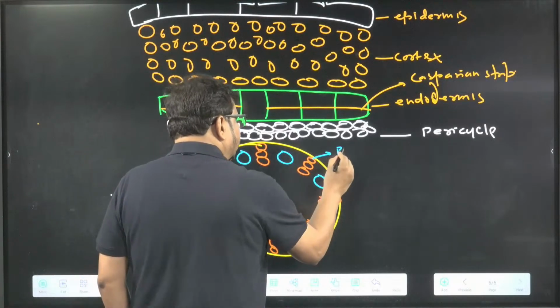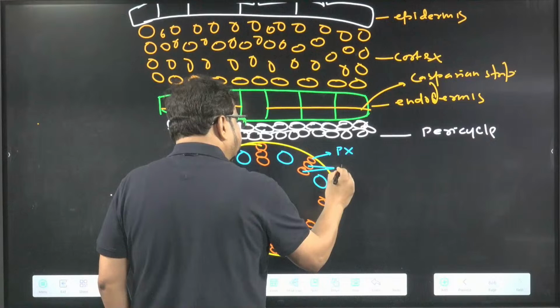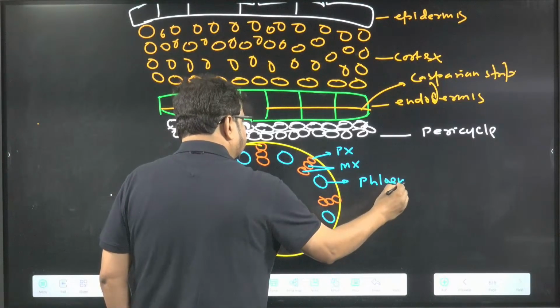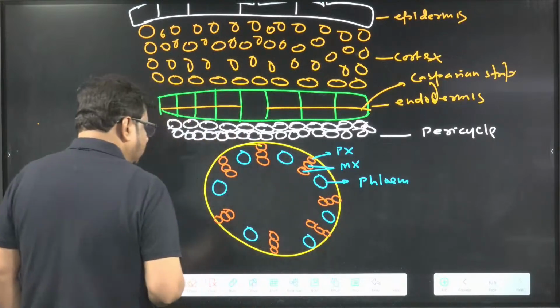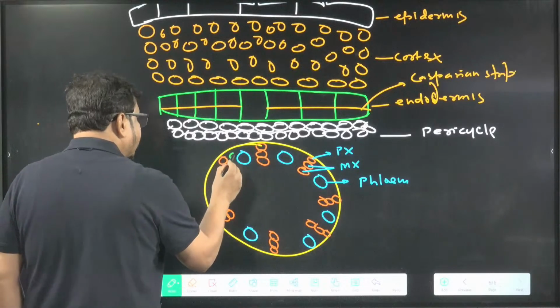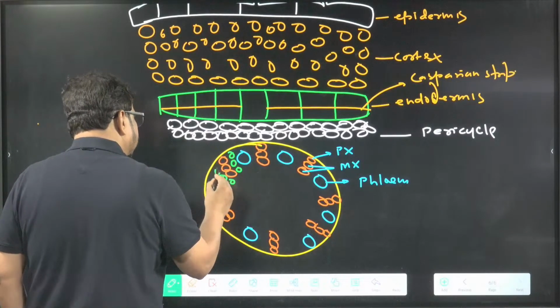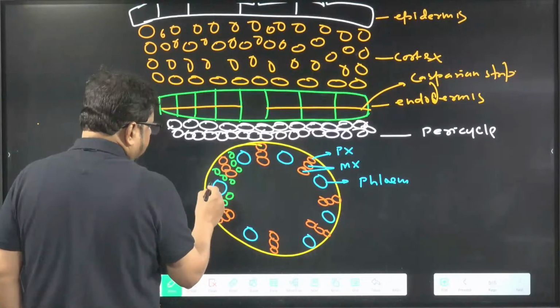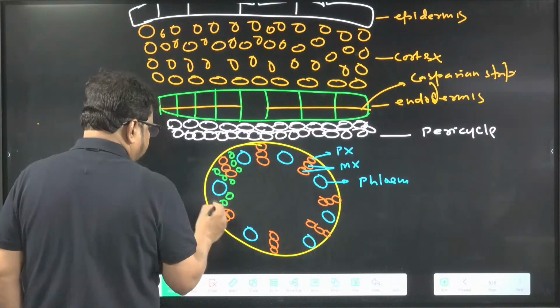Here it is protoxylem, and the bigger cell is metaxylem. And this one is phloem. In between xylem and phloem, there are conjunctive tissues.